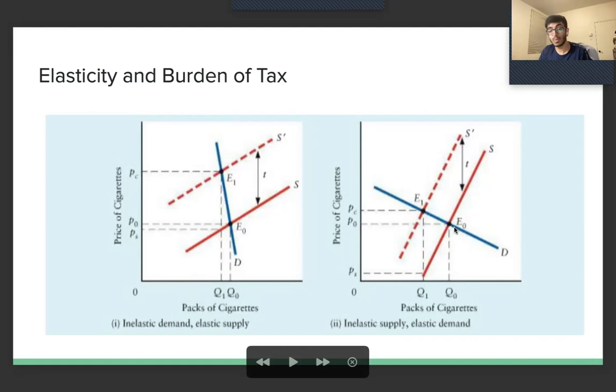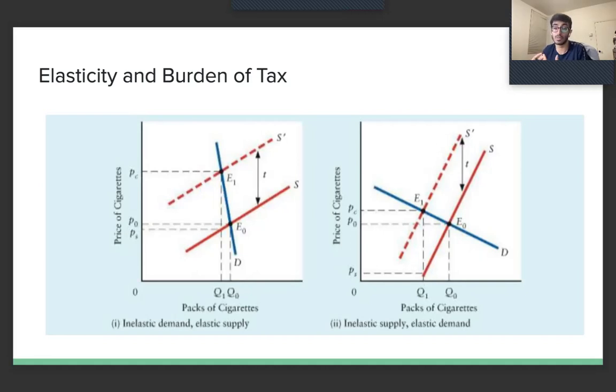Whereas on the right-hand side, when the demand is elastic, we know that the consumers react drastically, or the change in quantity is higher because the demand is now elastic. That's why we give a smaller burden to the consumers, because we know consumers are more sensitive to price changes. And since supply is inelastic, we know suppliers are not that sensitive to price changes.